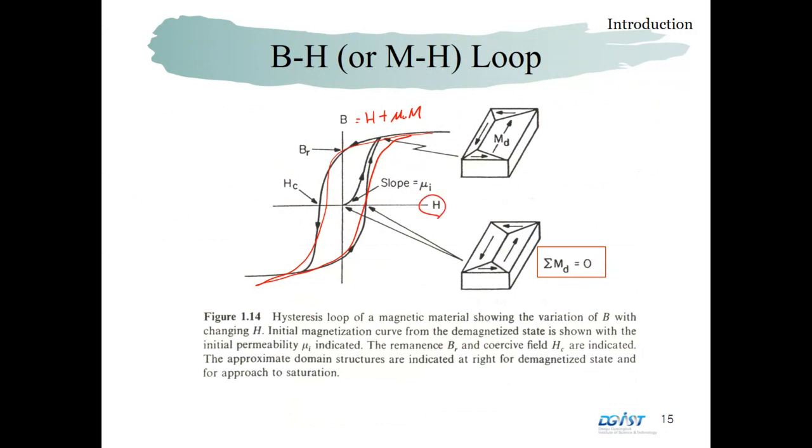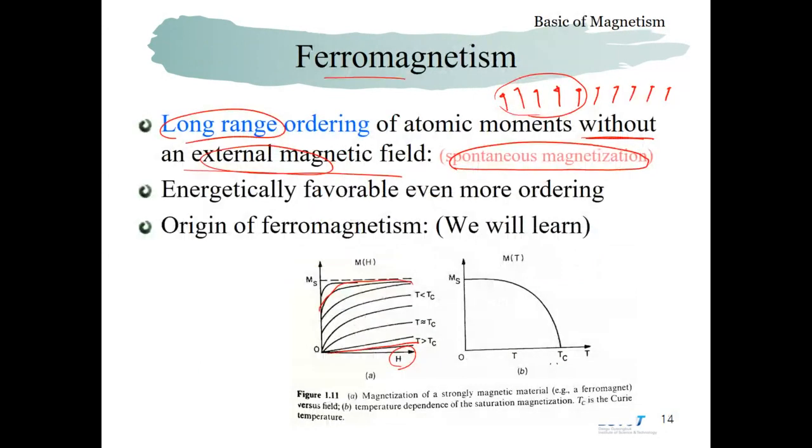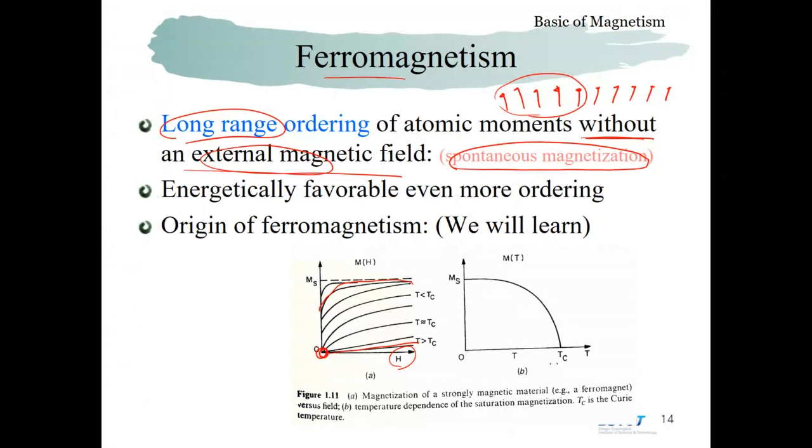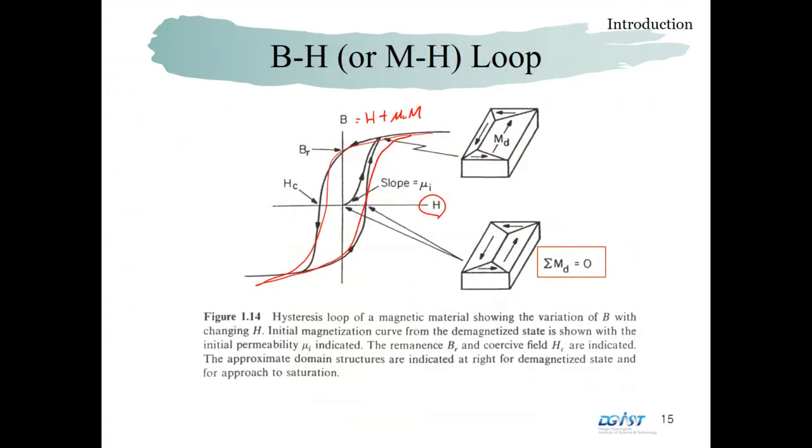Here, the H field is something very small scale. And here, the Y scale is the saturation magnetic moment. But here, the Y-axis is just magnetic moment, or the B field.